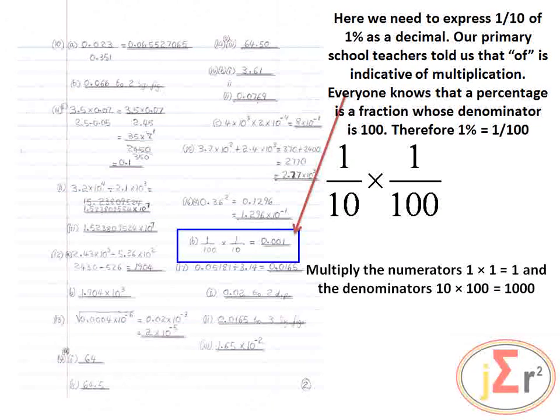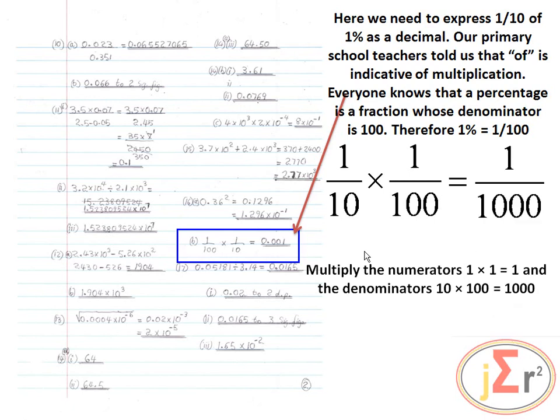Multiply the numerators. 1 multiplied by 1 is equal to 1. And then multiply the denominators. 10 multiplied by 100 is equal to 1,000. And this is what I was talking about, referring to earlier on.